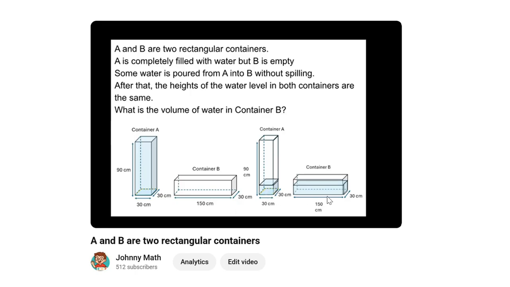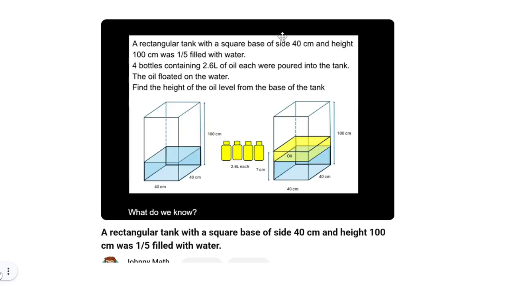I created an example using a classroom distribution of money so that the kid may be able to understand better. This is the one that uses the volume of water, in this case they call it oil. They use 2.6 liter. So 2.6 liter simply means that it's 2,600 centimeter cube. So you need to convert everything to centimeter cube.